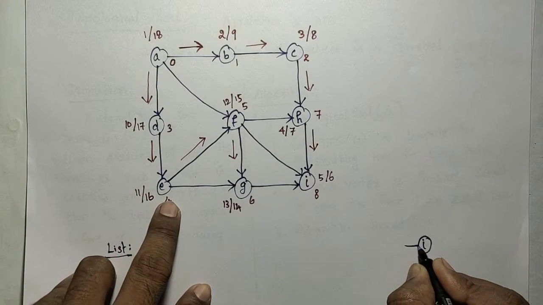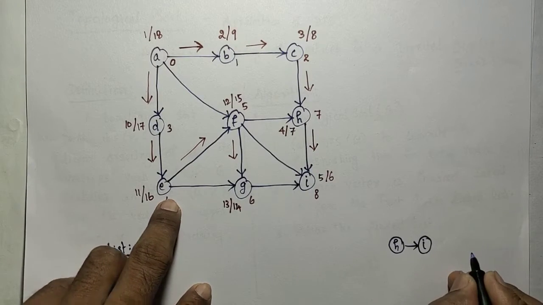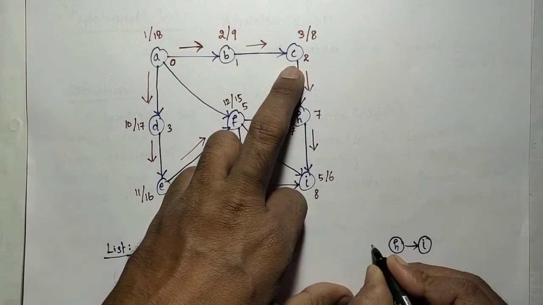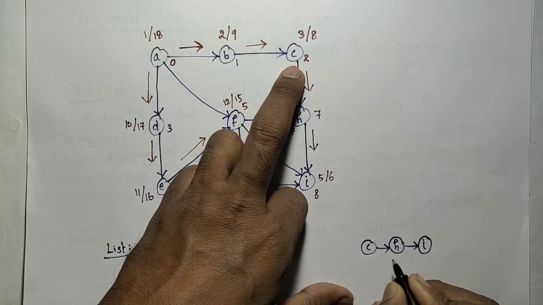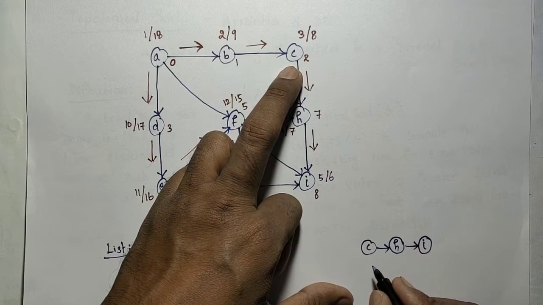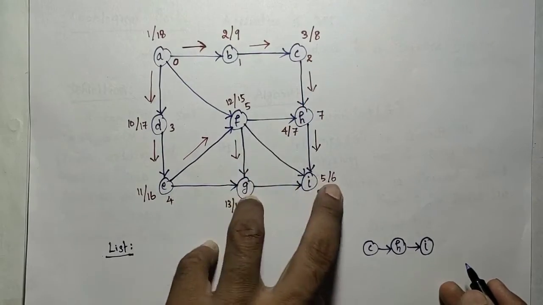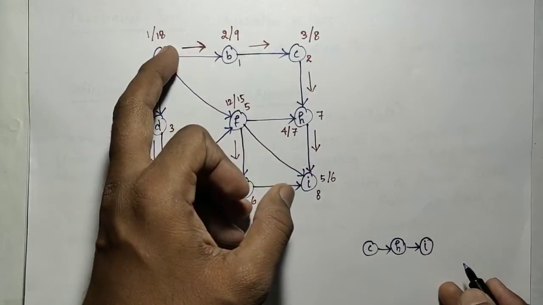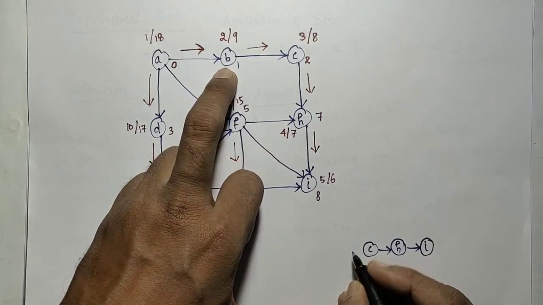So H, and then C, and we keep on inserting at the front of the list. It is nothing but writing the vertices based on the finishing time in descending order. See the next one, 9, that is B.